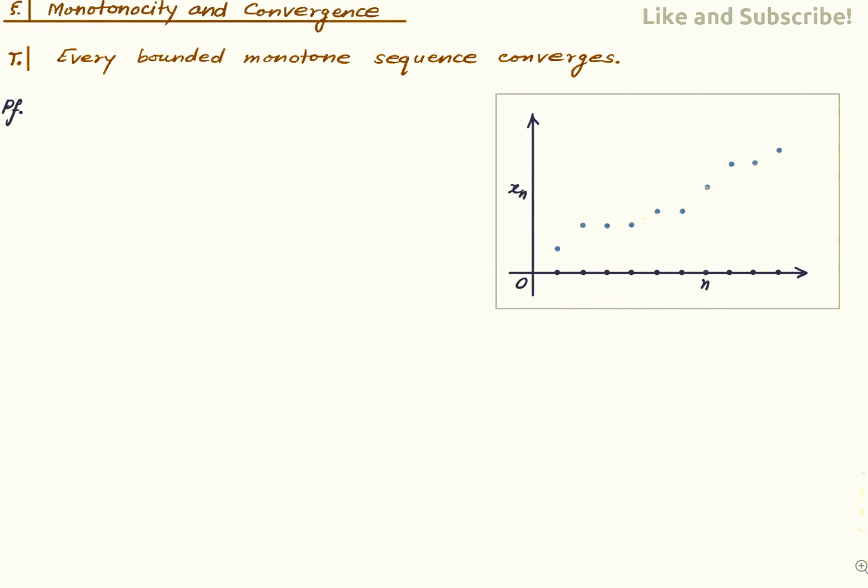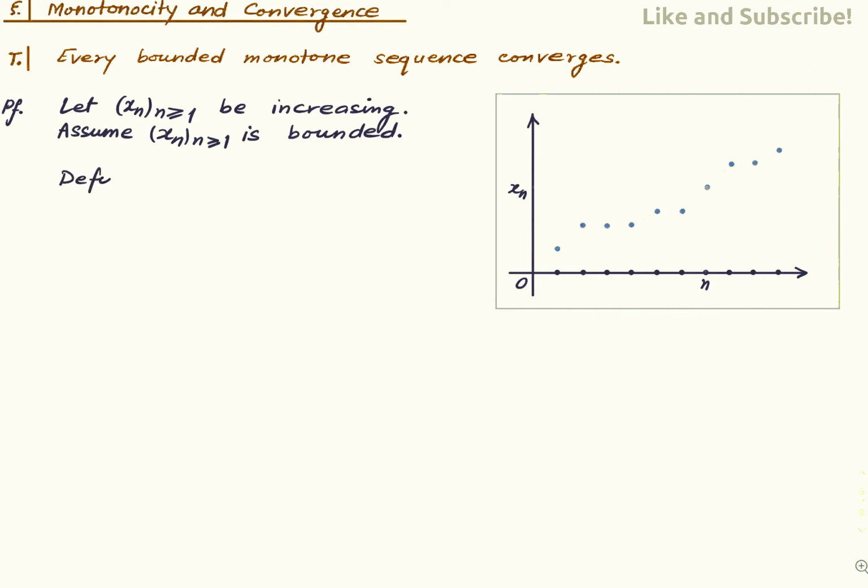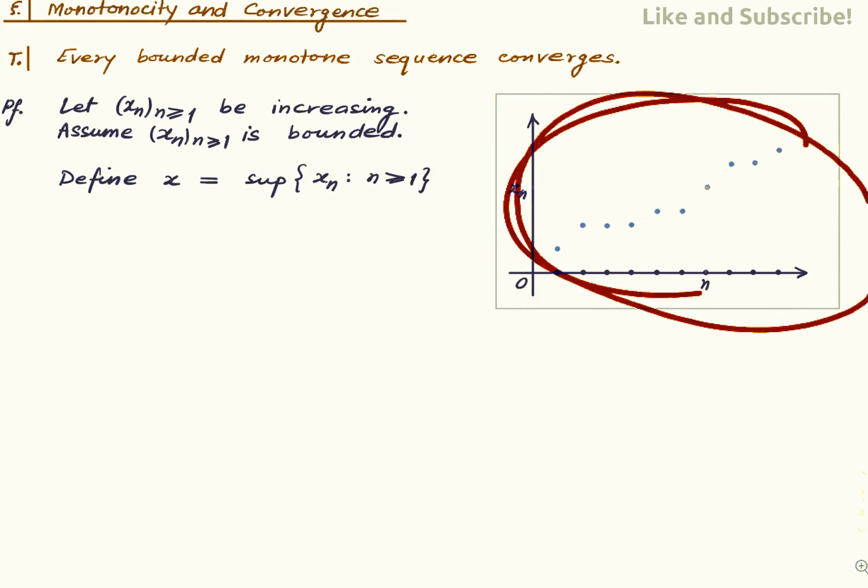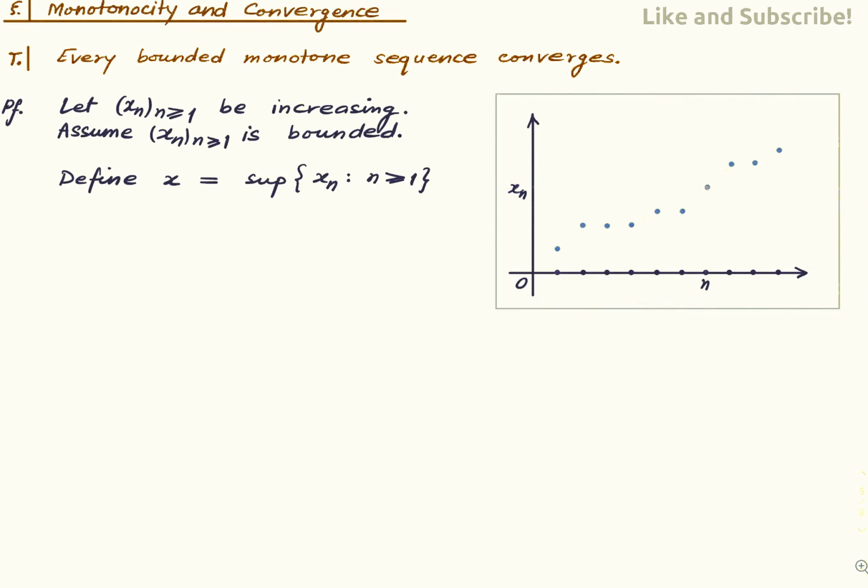All right, so let xn be an increasing sequence, which is bounded. We want to show that it is a convergent sequence, and to that end, we define x as the supremum of all the values that the sequence takes. This is what we explained in this picture. The best possible ceiling, the most economical ceiling is x.